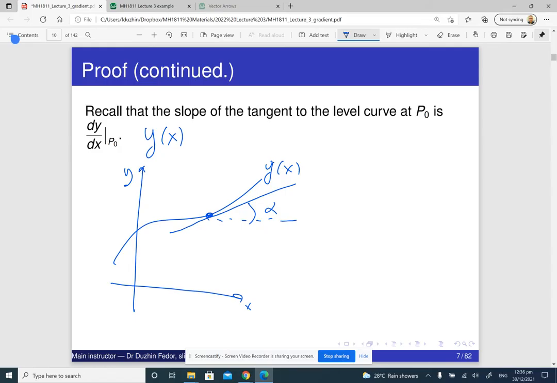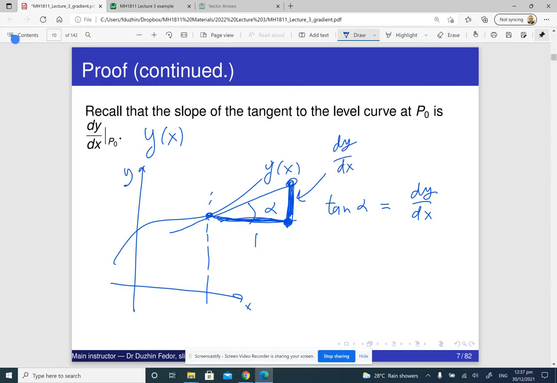So the slope, the tangent tan alpha of this angle, is actually dy/dx, right? At the same time, how can you evaluate the slope? You can take the unit distance to the right, if this is the length 1, and take the vertical distance. Then this vertical distance is going to be dy/dx.